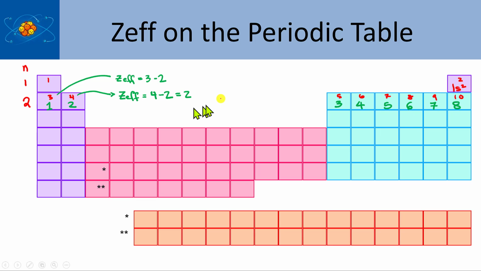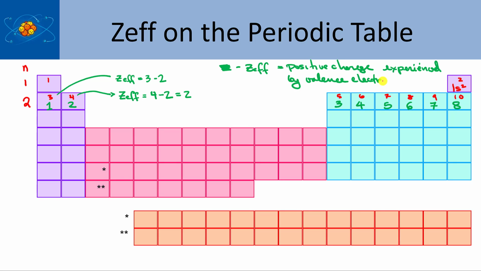So the positive charge, that's what this is, the positive color, is Z effective, equals positive charge experienced by the valence electrons. So you'll notice all I really did then is I subtracted the 2 electrons from the 3 electrons and so on, all the way down the line.